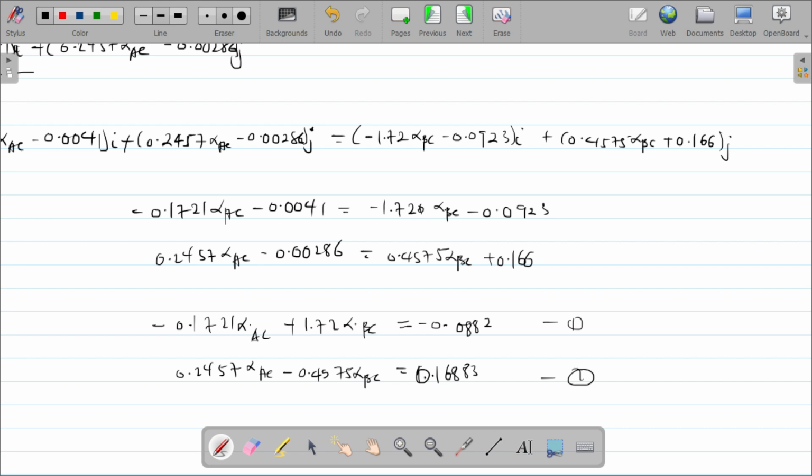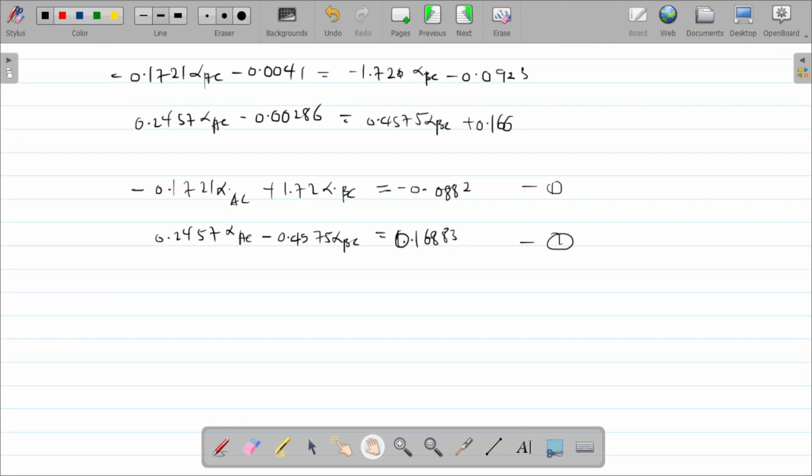So yes, we are making alpha AC our X, alpha BC our Y. So we have alpha AC to be 0.072 and alpha BC to be 0.0215 rad per second squared.